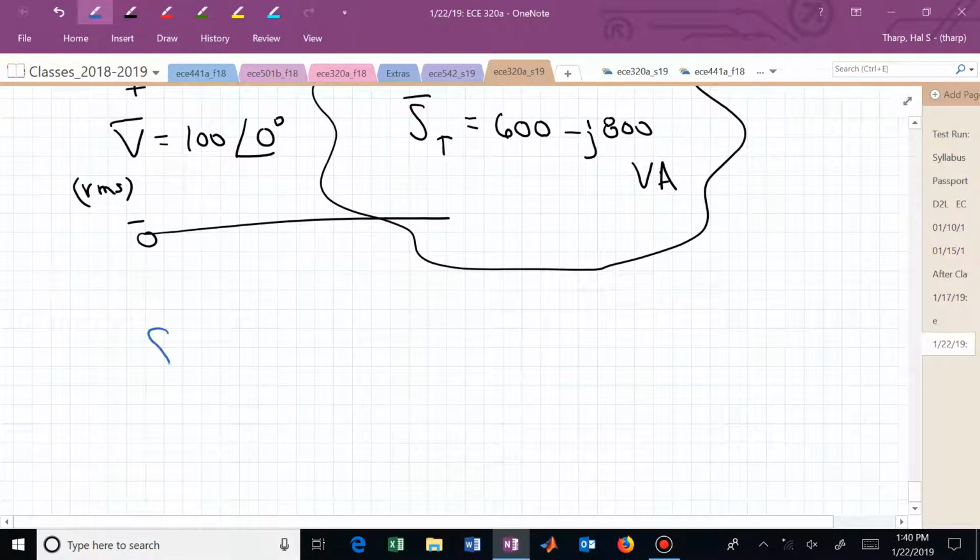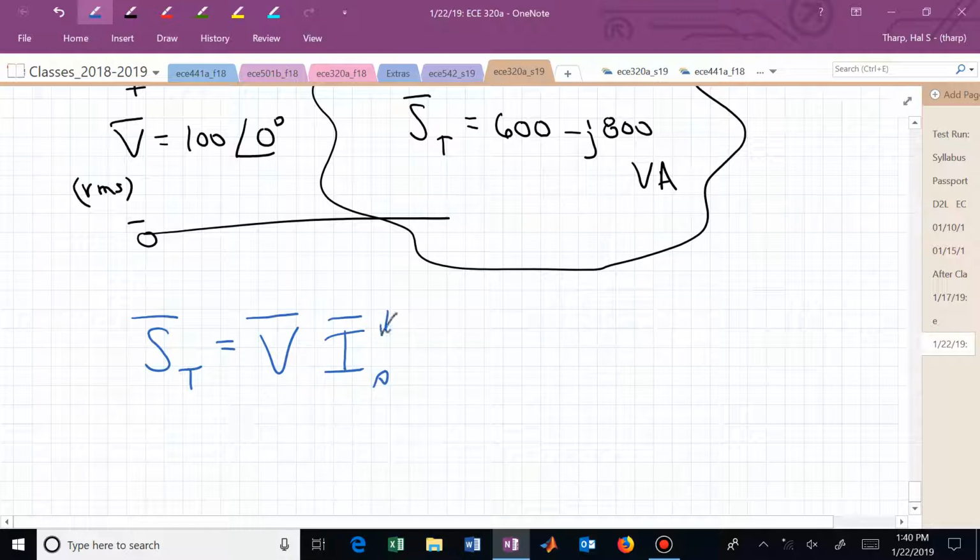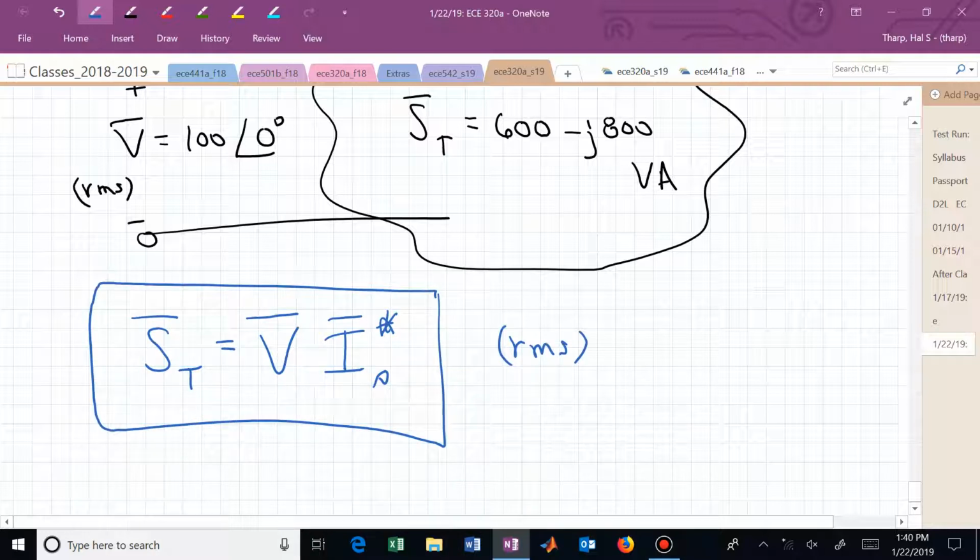Well, we can use our very basic complex power expression now, since it's all just one. We now know the voltage, we know the complex power, the only unknown is now that current. And this formula is for these phasors of voltage and current in RMS units.